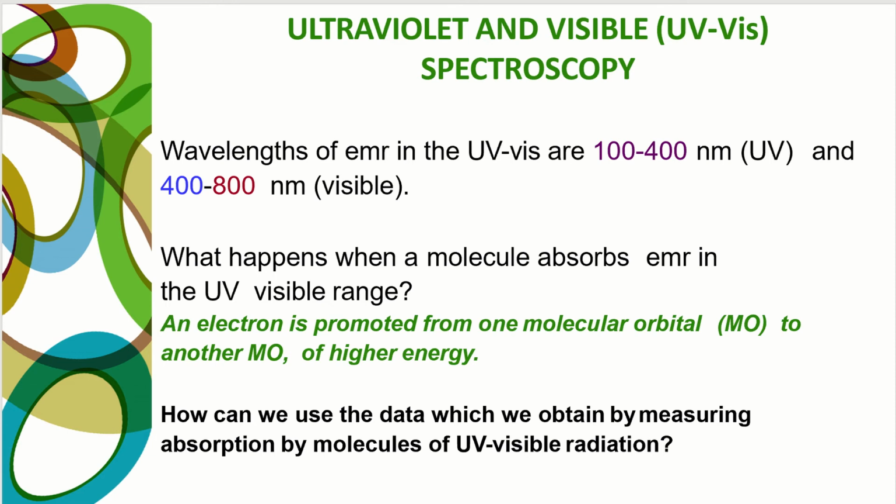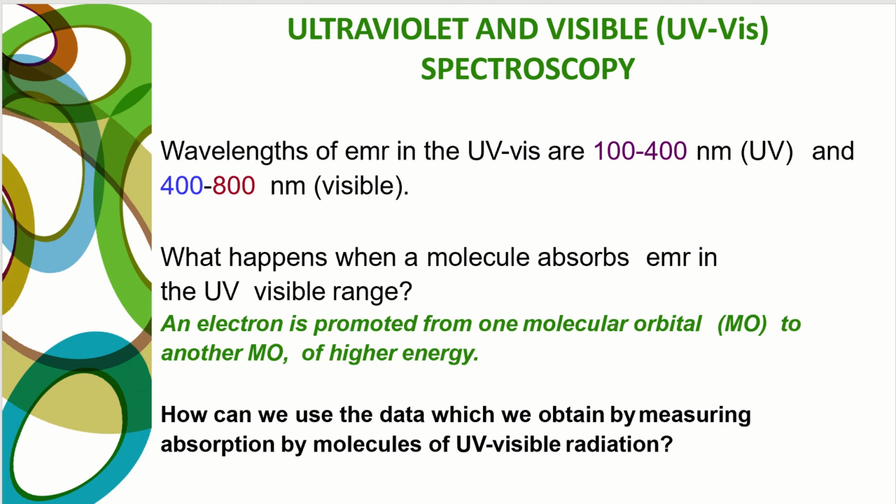Alright, so for UV-VIS we're talking about wavelengths in the 100 to 400 nanometers range for ultraviolet and 400 to 800 nanometers for visible. So what happens when a molecule absorbs EMR in the UV-VIS range?